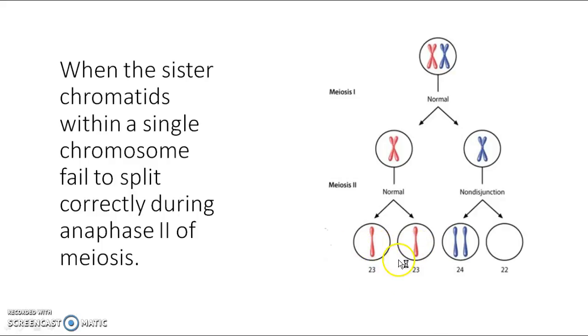So if this happens correctly in all the pairs, we'd end up with 23 chromosomes in those daughter cells. However, on the right side, we see non-disjunction happening where both chromatids or daughter chromosomes end up in this daughter cell on the left. So that would have a total of 24 chromosomes, and neither chromatid ending up in this daughter cell. So it would have 22 chromosomes.